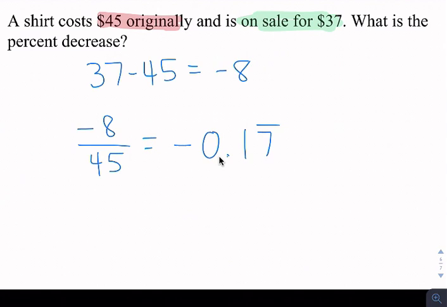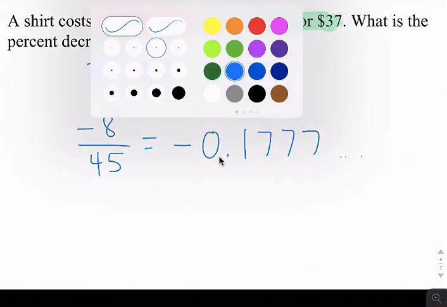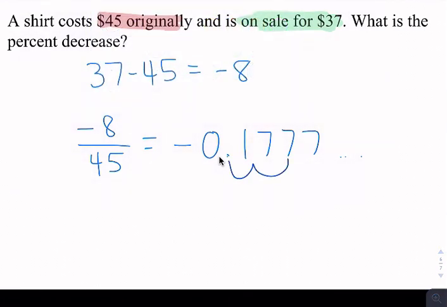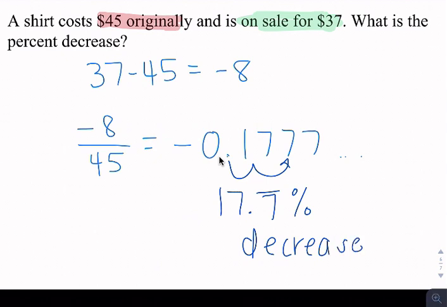So I'm just going to write it like this. And remember, we always move it twice. So we get 17.7 repeating percent decrease. There we go.